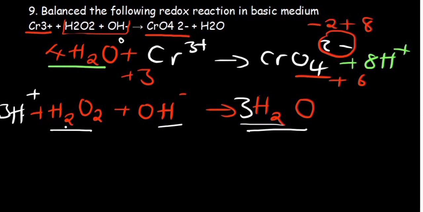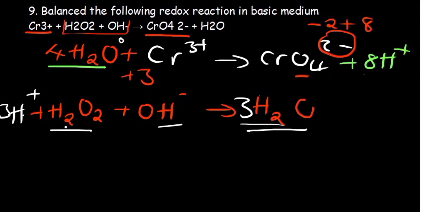If you look at that, you're going to see that it's an oxidation reaction. 3 to 6 means that there's a loss of electrons, which is an oxidation reaction. The loss of electrons is supposed to be shown on the right hand side.